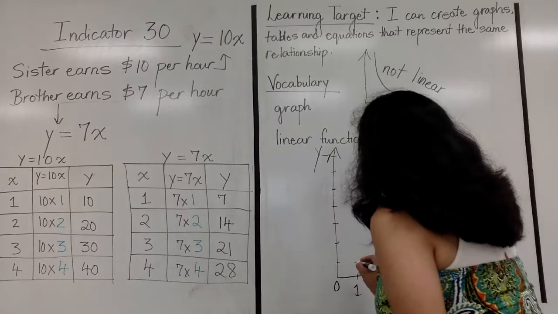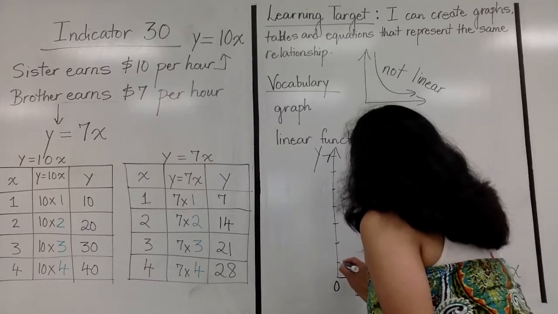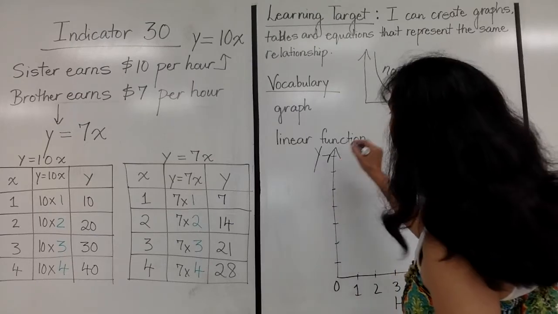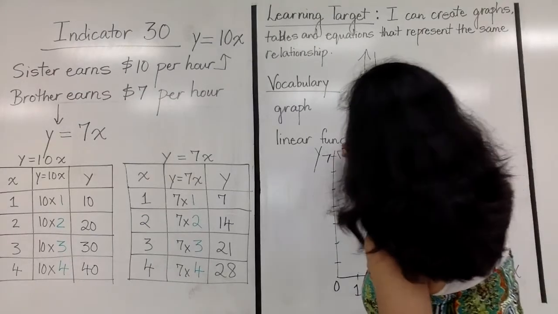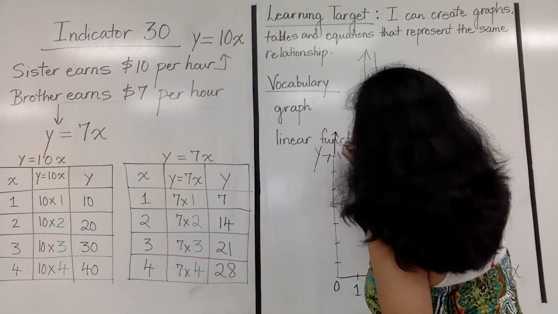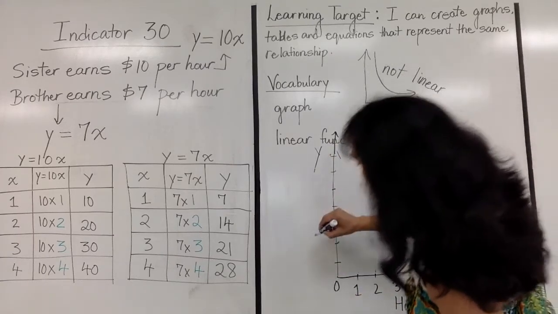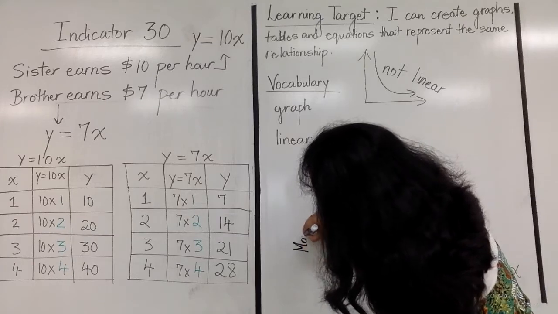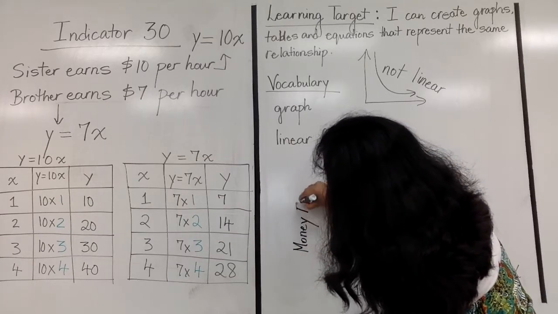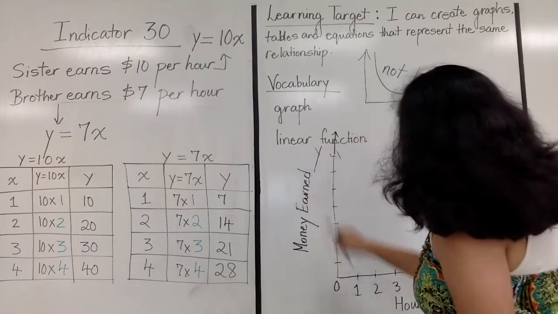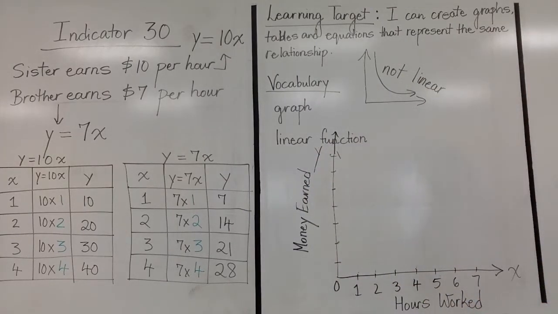And then over here, I am going to change it: 5, 10, 15, 20, 25, 30, 35, and I will take it up to here. Okay, I am going to change the intervals on this side, which is the money earned. Okay, this is the money earned, and this is dependent on how many hours you work.